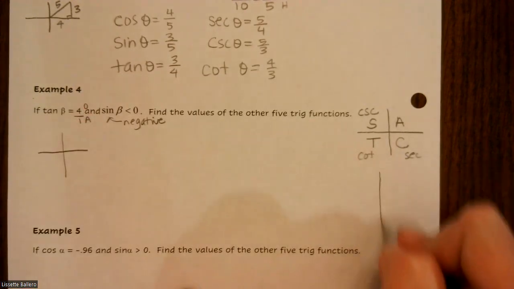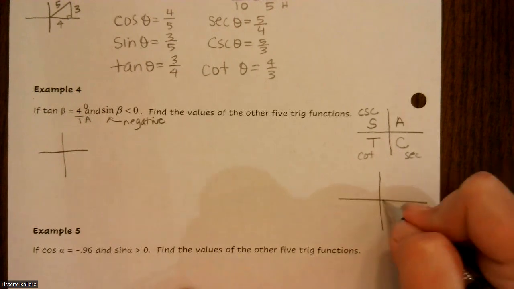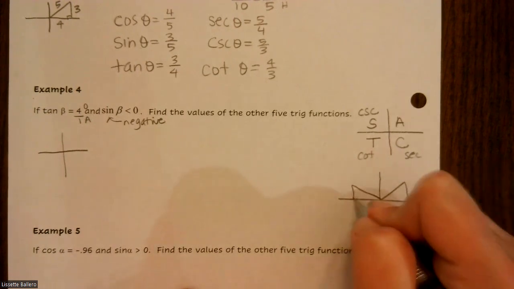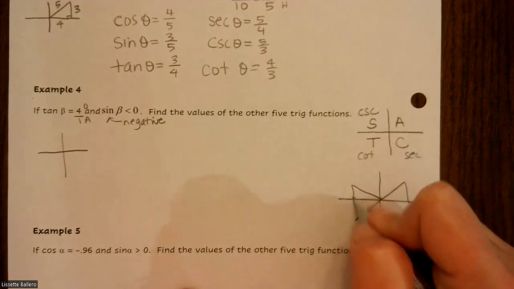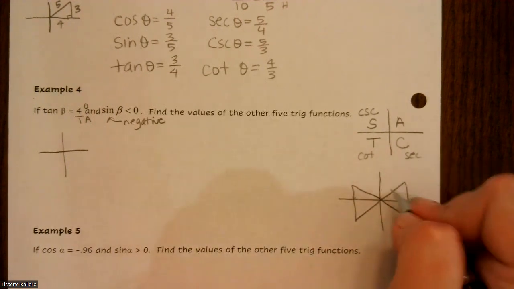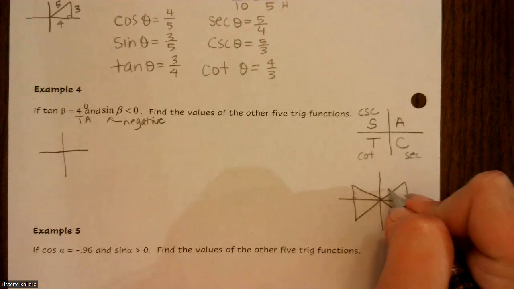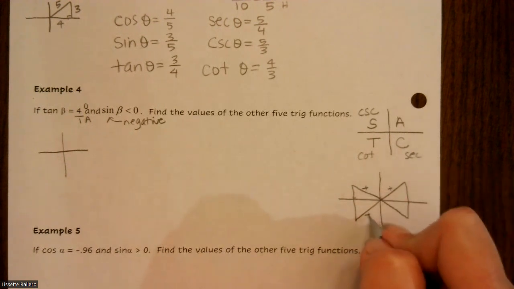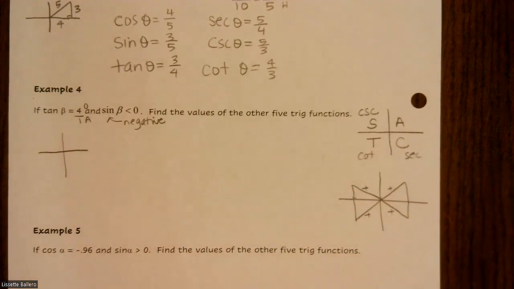I'm going to show you another diagram here just to think about these triangles. So we've got 4 options here for triangles in each one of the different quadrants. Now we know that the hypotenuse is always going to be positive.